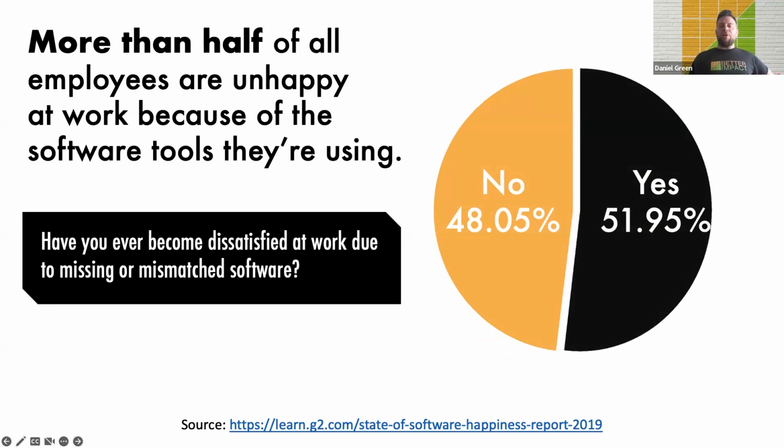So being provided the right tools to perform the job plays into our level of job satisfaction. So when the right tools are not in place, our level of efficiency and effectiveness decreases. So this is one factor that can contribute to our own happiness in our role.